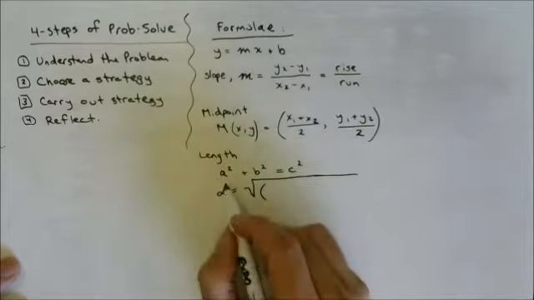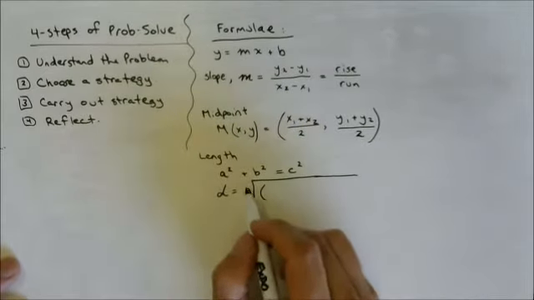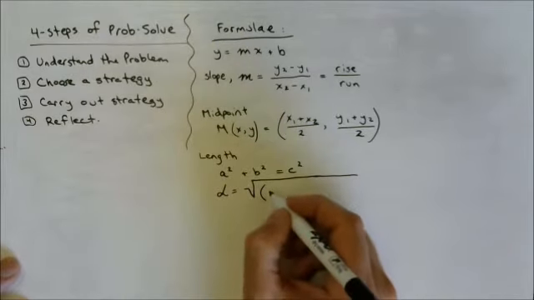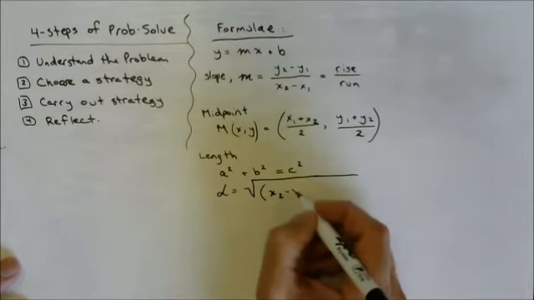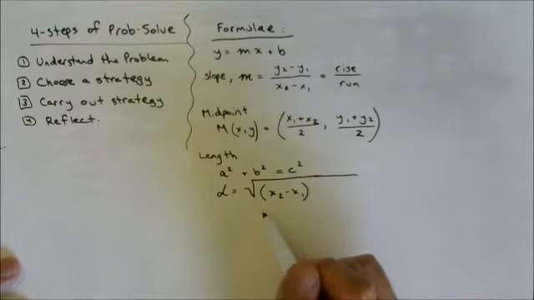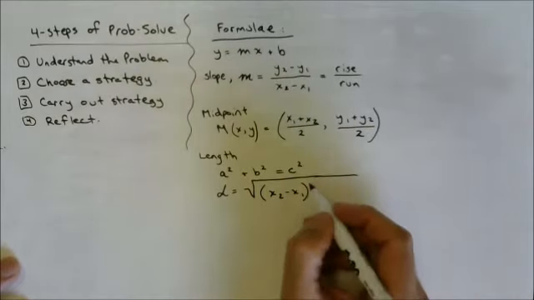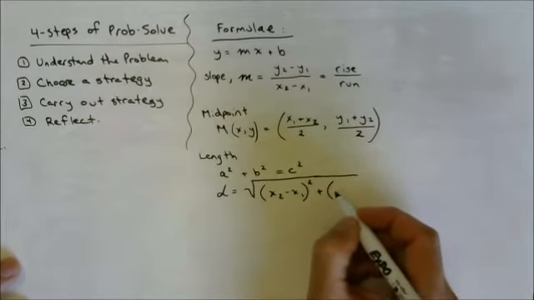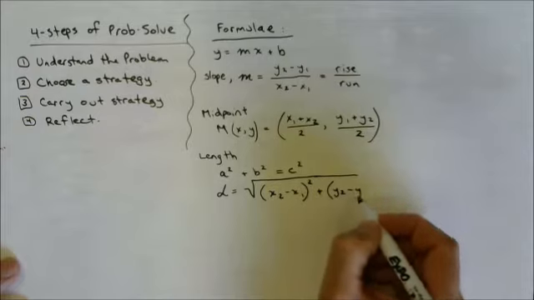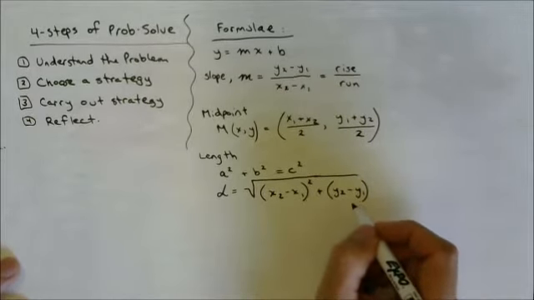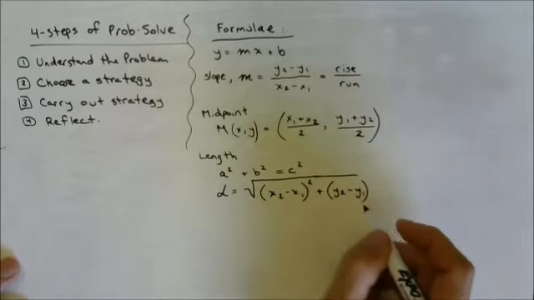If we work through that Pythagorean theorem, a squared plus b squared equals c squared, which we did in a previous lesson, you end up with x2 minus x1. That is the distance traveled along the horizontal axis from one point to the next. We square that. We add it to y2 minus y1, which is the distance traveled along the vertical axis to get from the one point to the next.